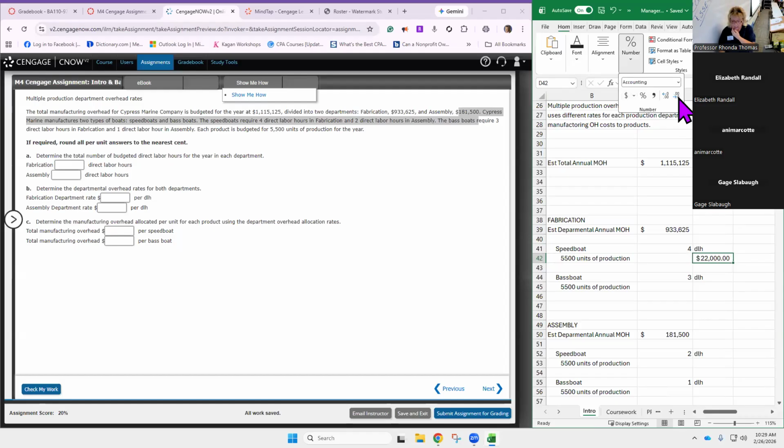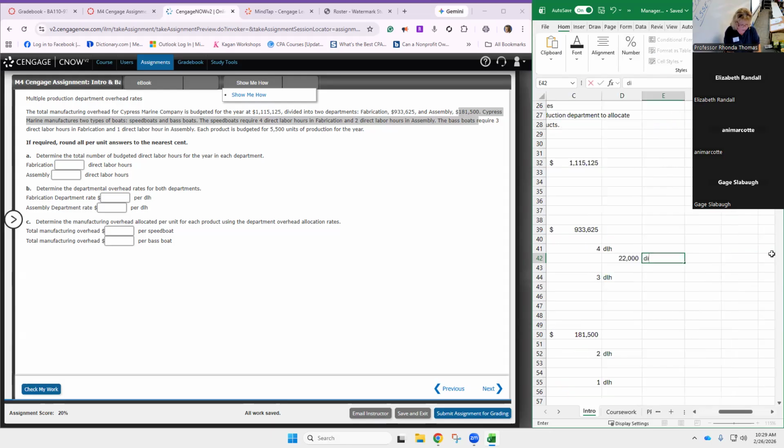Once again, this is production, this is not dollars, so let me take my dollar sign out. So it looks to me like we're needing 22,000 direct labor hours, and this is an estimate. Estimated direct labor hours.